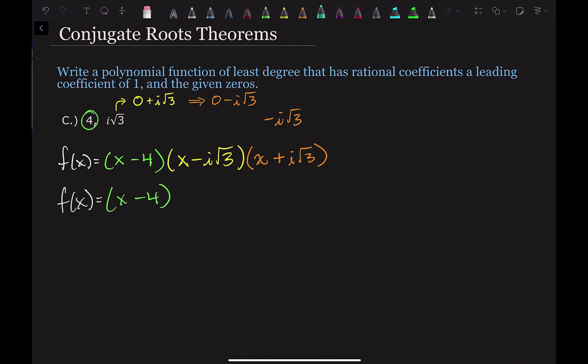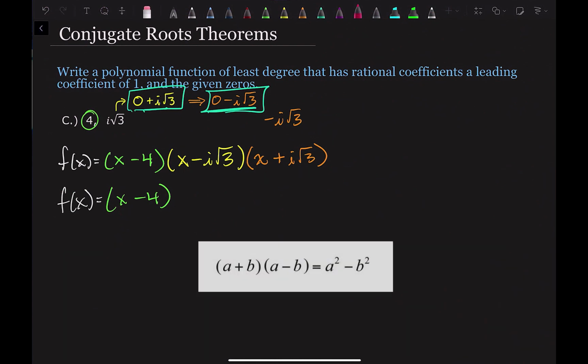And because not only are these two numbers conjugates, but these two are also conjugates because they are two binomials multiplied together, same term, different sign in the middle. So what we should get if we multiply them together is the square of the first thing, or x squared, minus the square of the second thing.